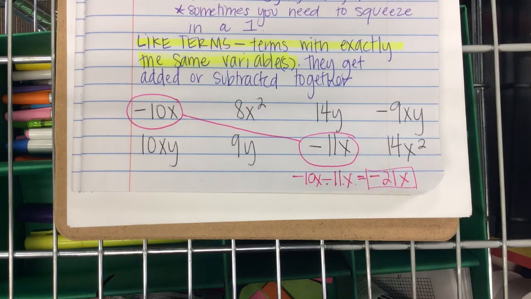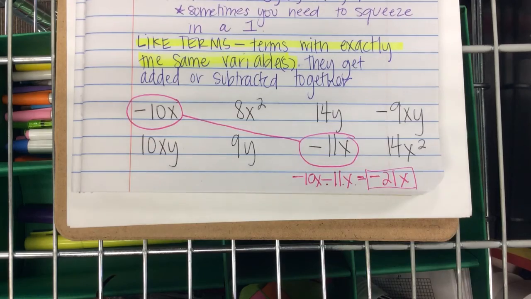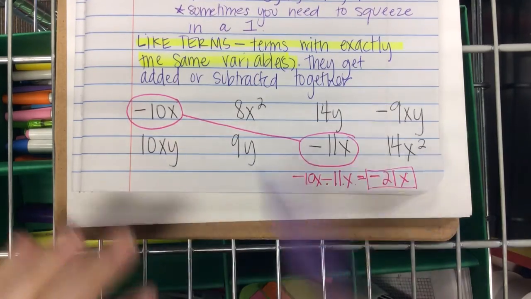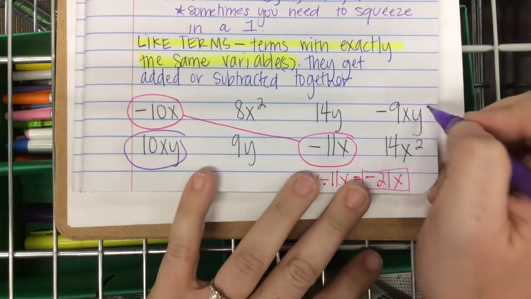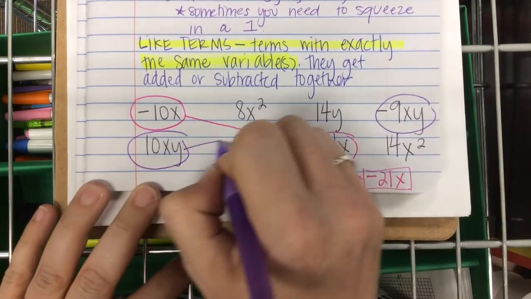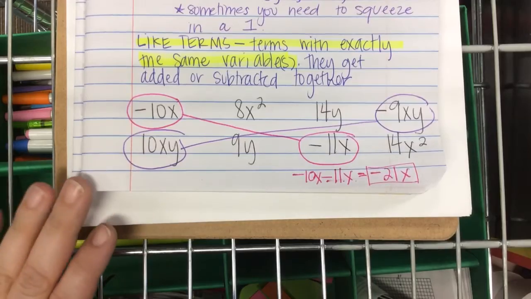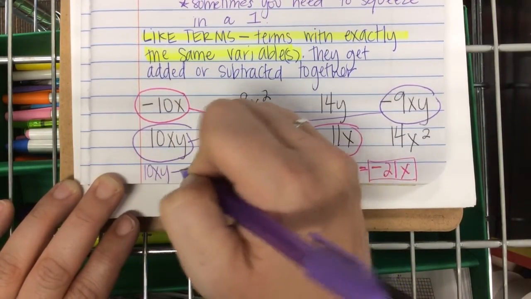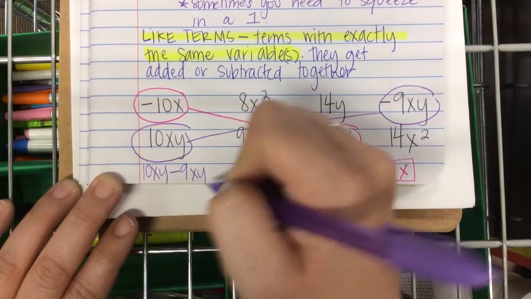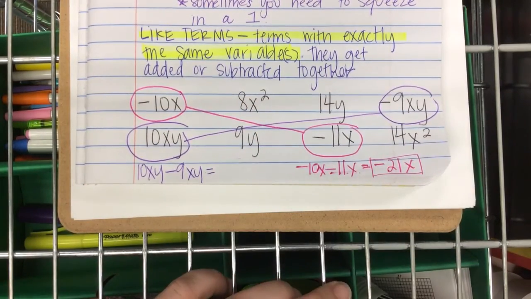Let's try another. Who can tell me another pair that belongs together up there? Olivia? 10xy. Perfect. 10xy and negative 9xy. They're exactly the same.